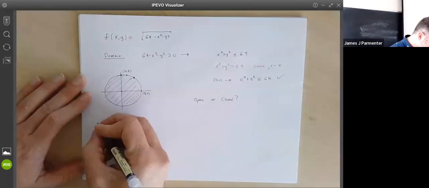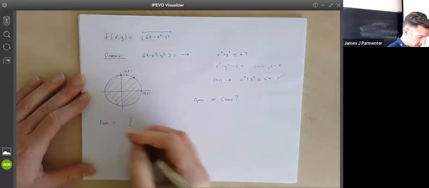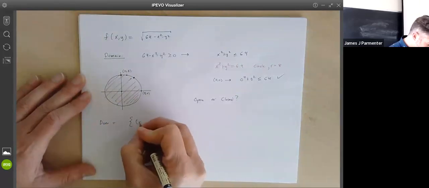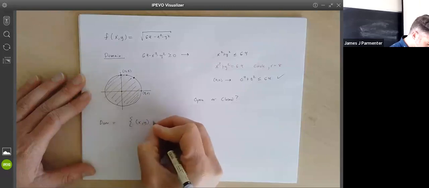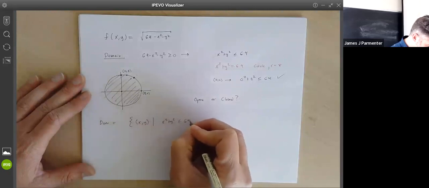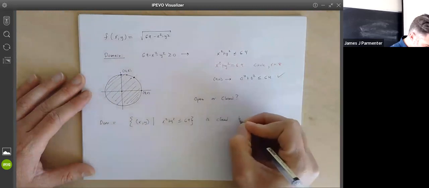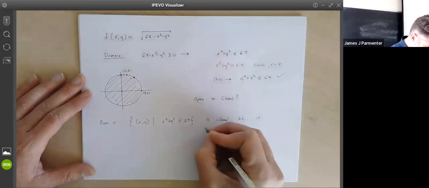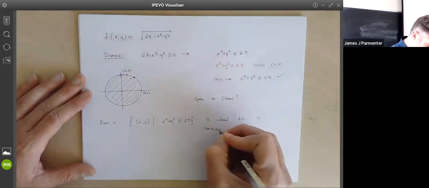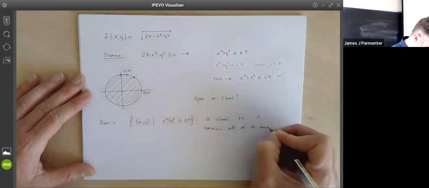So this set, with the domain being the set containing all points inside and on the circle, the set of all (x, y) such that x squared plus y squared is less than or equal to 64, is definitely closed because it contains all of its boundary points.